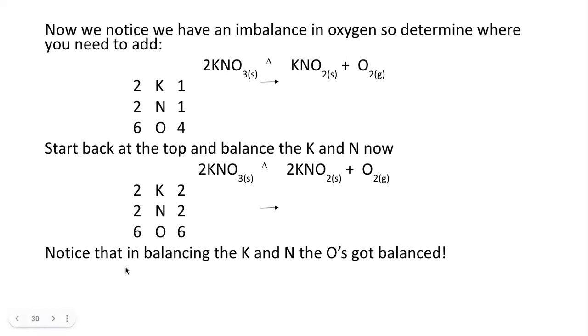And now we have a balanced equation because we have 2 potassium on the reactants and 2 on the products, 2 nitrogen on the reactants and the products, and then 6 oxygen on the reactants and products. Everything is balanced.